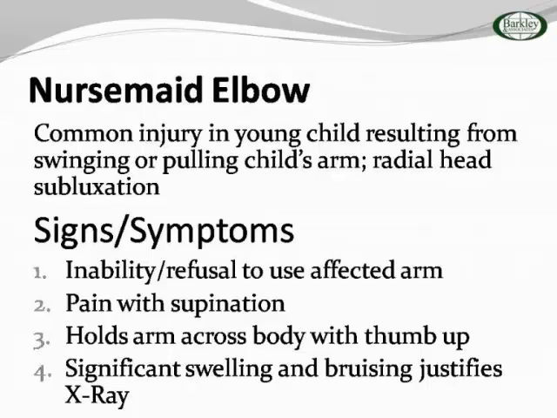As a matter of fact, they have pain upon what, pronation, supination? Pronation, supination, like this. Sometimes they'll hold their hand like this, arm across the body with the thumb up. That's protecting it, feels better. Okay, pronation, supination. Just doing that hurts. Significant swelling and bruising justifies an x-ray, of course.